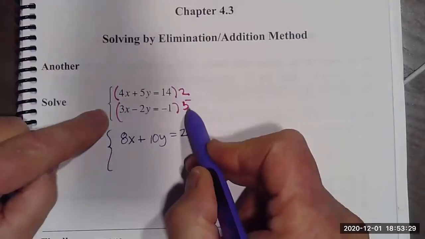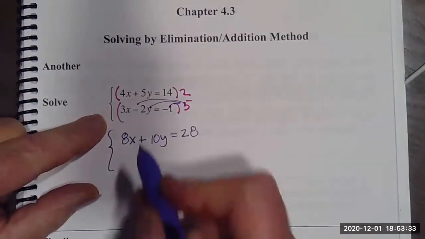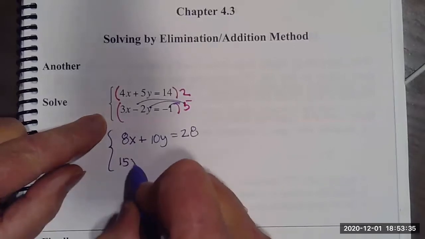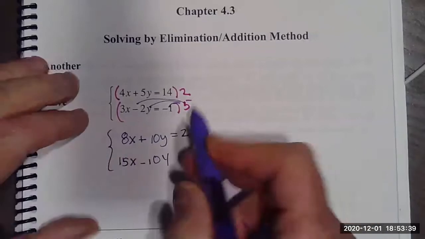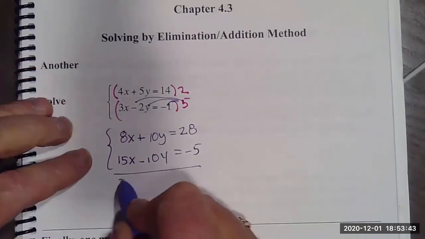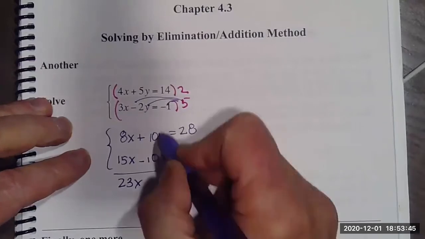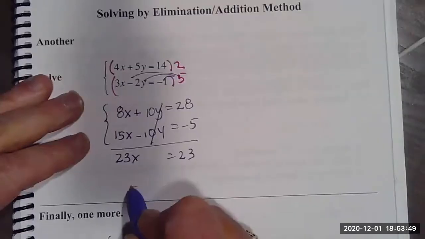Multiplied by 5. So you're giving the 5 to everything. 15x subtract 10y. That's what I wanted right here. That's going to go away. Equals negative 5. So that's 23x equals 23. Hey, pretty fast. X equals 1.